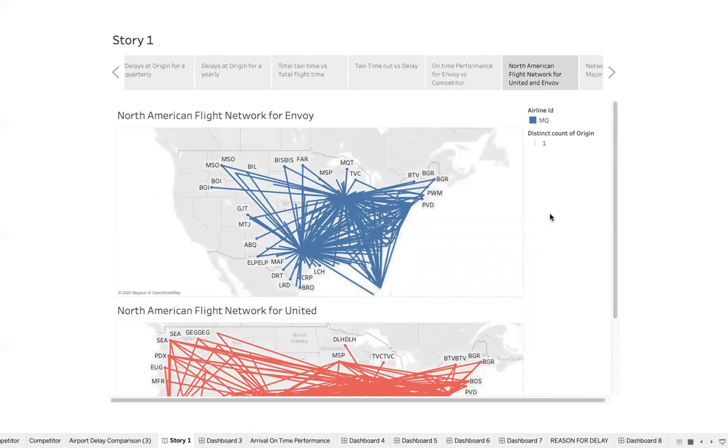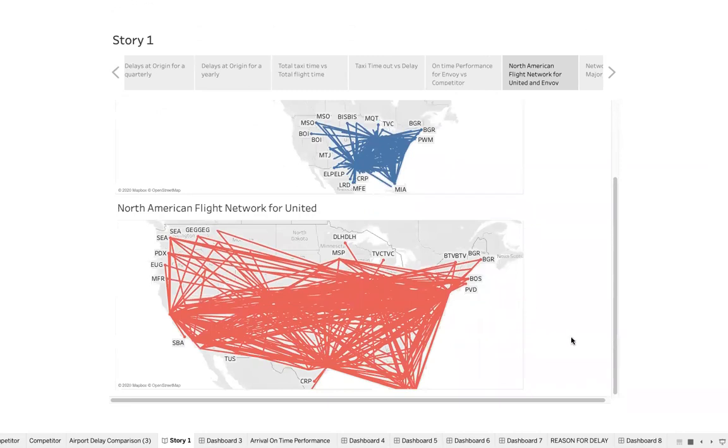And here we have a network graph depicting the routes for Envoy Air and United Airlines. And so when we look at the flight routes for United Airlines, it is very clear that United Airlines has its hub centered around Chicago, Dallas, Miami, and JFK.